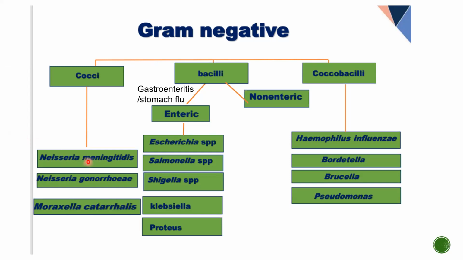Okay, what's the main virulence factor in meningitis? Capsule, exactly, because meningitis. What's a test we can do in the lab that will be positive for Neisseria meningitidis? Let me see if you remember this. Yes, oxidase positive, exactly.